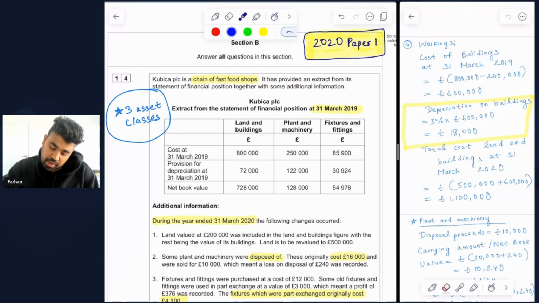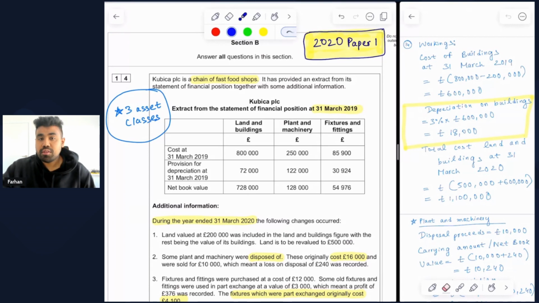Okay. Last thing is to do the depreciation section for fixtures and fittings. So for fixtures and fittings at 1 April 2019, the opening balance for total depreciation was £30,924. During the year, we had additional depreciation of £18,760, which is what we have derived here.